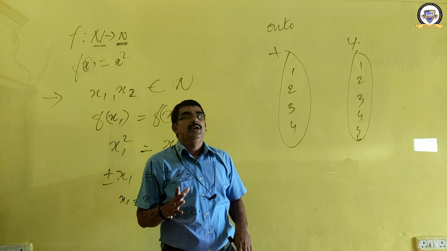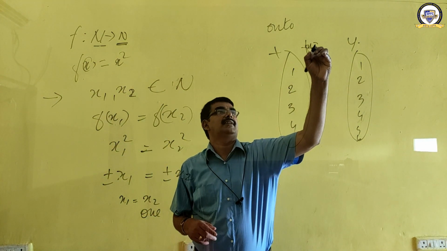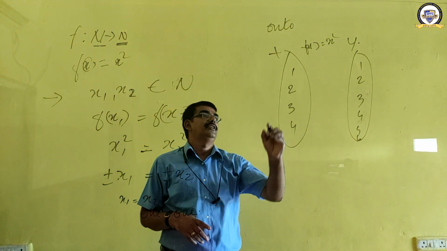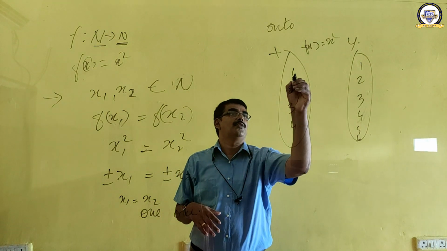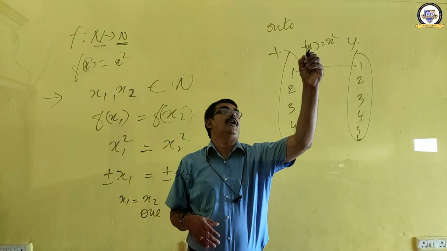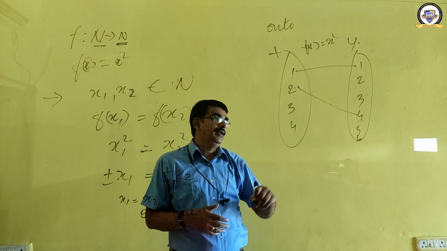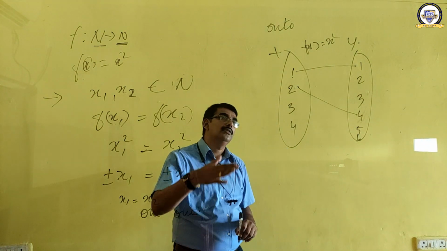Now the function is f(x) equal to x square. If I take 1 as x, then 1 square, you will get 1. Then if I take 2, then 2 square is equal to 4. And likewise, you will get a lot of cases over here.